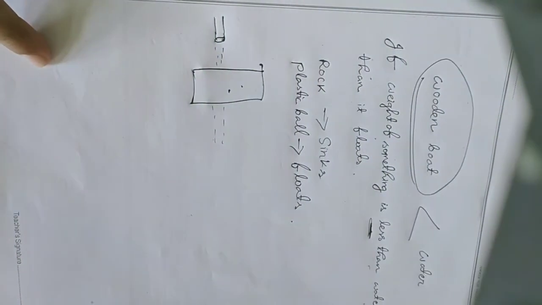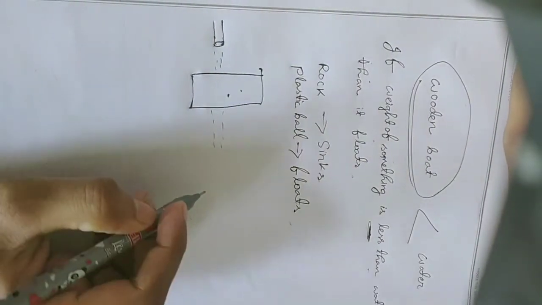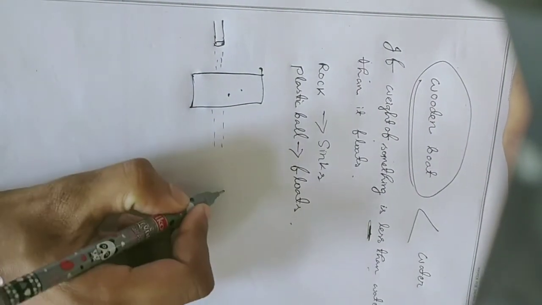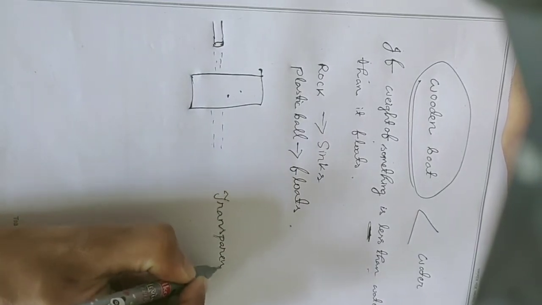So if light passes through an object, we can call the object transparent.